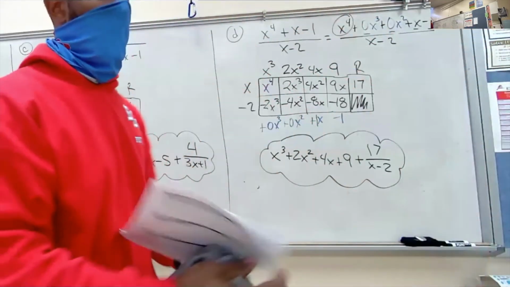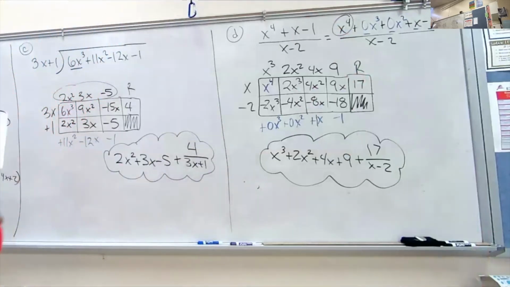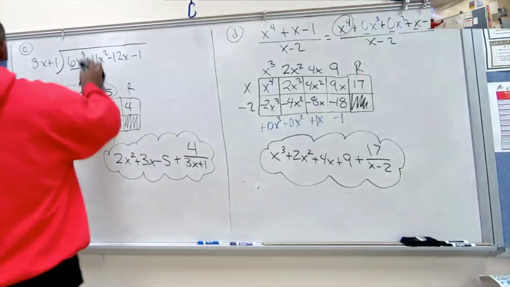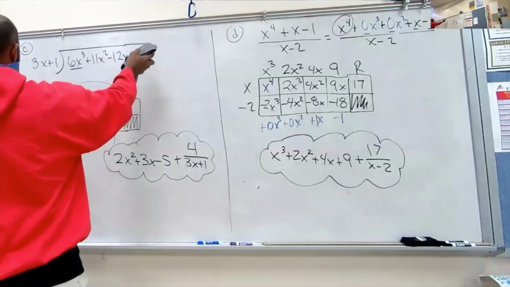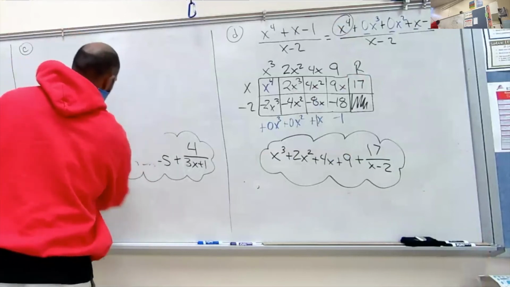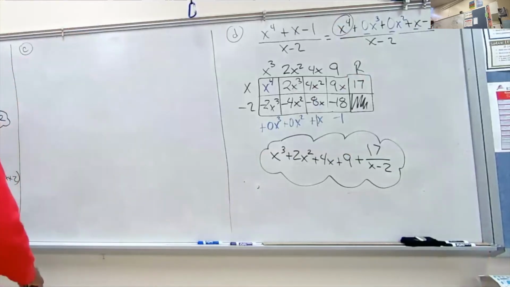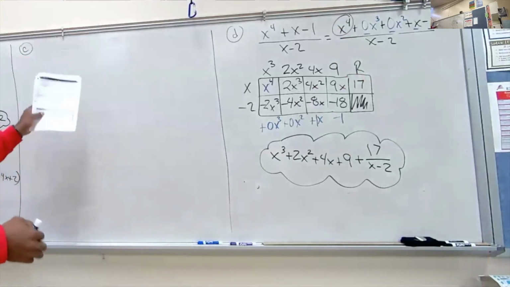You posted that, right? I didn't post it online, but I will post it. I just talked about it in the last 2 classes. Okay, so I'm going to use this space to do that one.